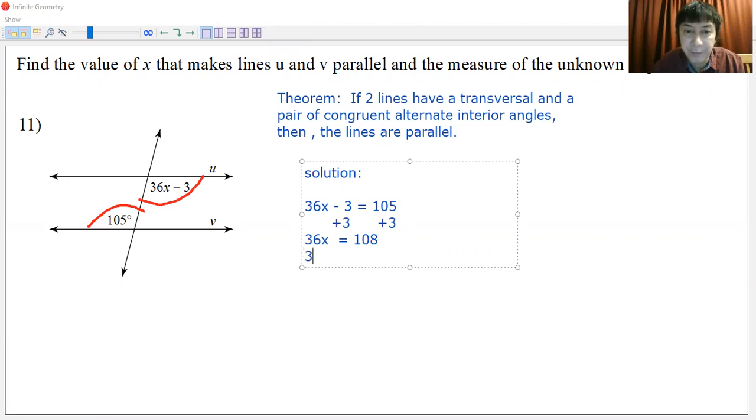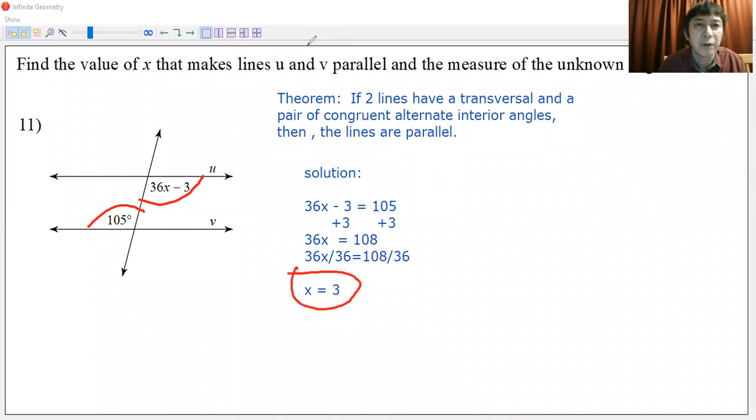Next step is divide. 36x divided by 36 is equal to 108 divided by 36. So x will be equal to 3, because 36 times 3 is 108. So this is our answer. Computer verification. Yes, it's 3. This must be correct.